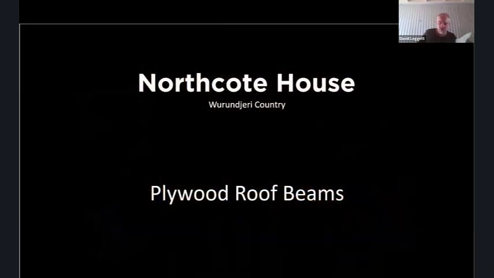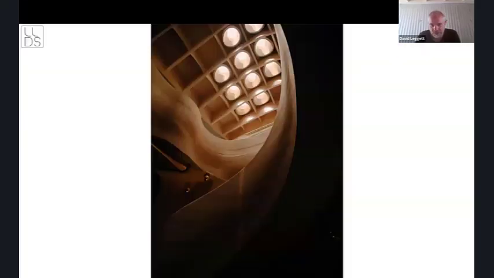So I'm now going to move on to our plywood roof beams. So that, in fact, is sort of the whole roof structure. So the roof is made from cross-laminated plywood panels. It's a design that we worked very closely with Rob Gnestick from TGA Engineers.